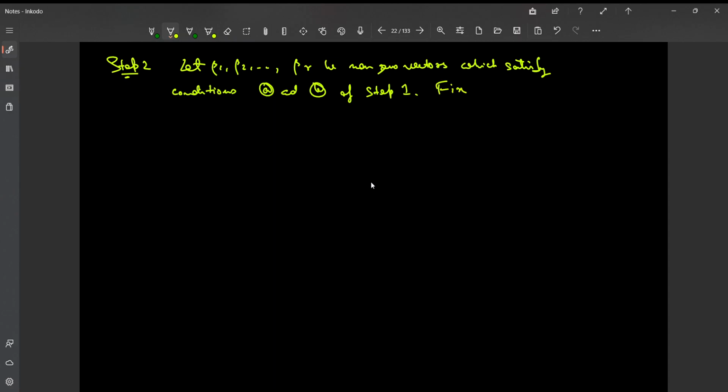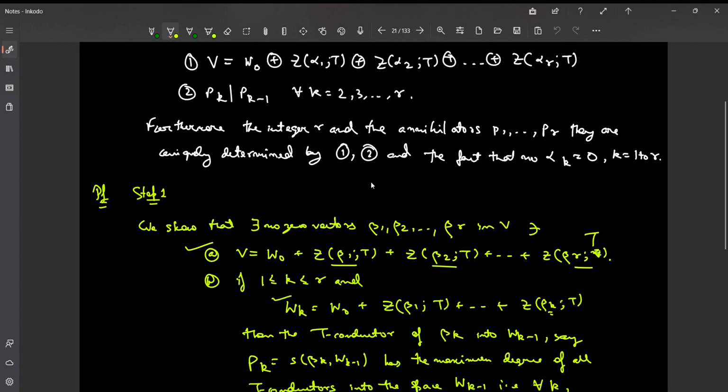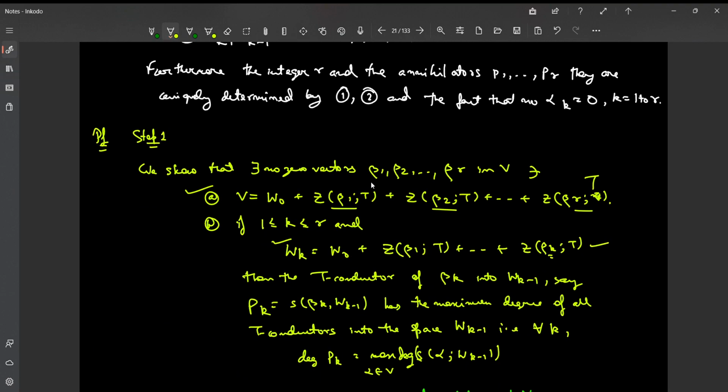We fix some k within the given index. Let beta be in V and let f be the T-conductor of beta into Wk minus 1. Wk minus 1 has the structure of step 1 only. Wk has this structure, so obviously Wk minus 1 will have the same structure till the T-cyclic subspace generated by beta k minus 1.